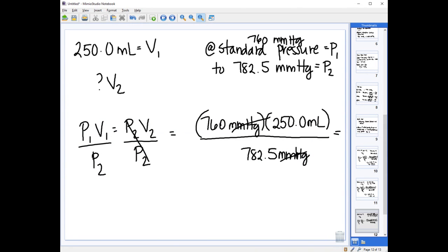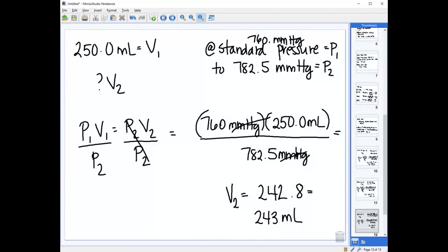So 760 times 250 divided by 782.5, and I get 242.8. But I really only have 3 significant digits, because 760 millimeters of mercury is exact, so all 3 of those digits are significant. So 243 milliliters.